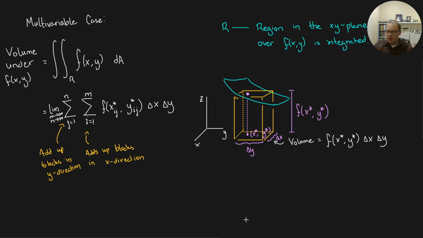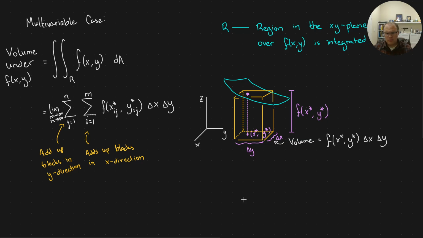Okay? So far so good. We understand that this means the volume underneath the surface. We've translated it into this double summation so that we add up everything in each row and then add up all the rows together.